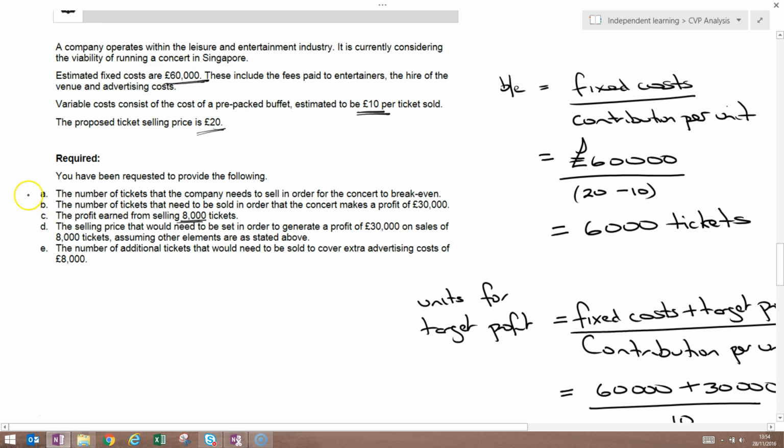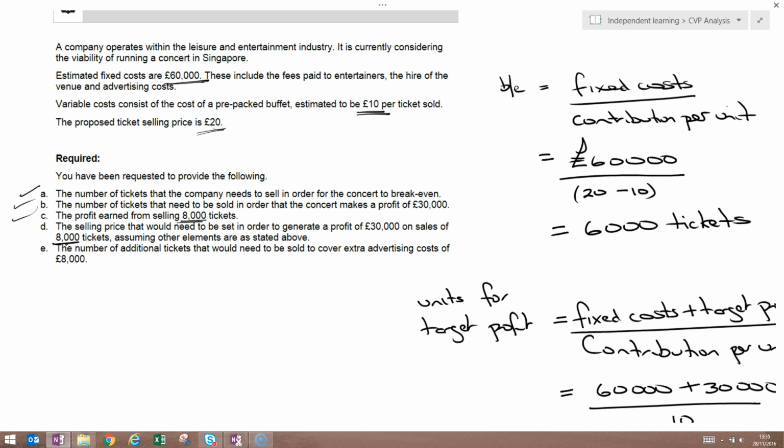So we've done part A, we've done part B, we've done part C. So part D, the selling price that would need to be set in order to generate a profit of £30,000 on sales of 8,000 tickets, assuming other elements are as stated above.